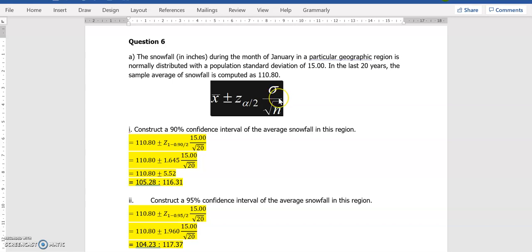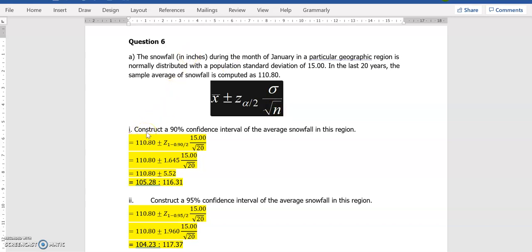So the second component in our margin of error is the standard error, or standard deviation based on this sample of 20 years of data. So this is the population standard deviation. We divide it by square root of the sample size, denoted by the symbol lowercase n.